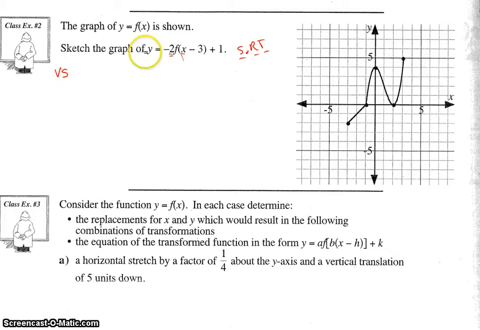It's not over here with the y, so it would work normally, vertical stretch by a factor of 2. Okay, there's no horizontal. There is a negative. Negative is a reflection, so we have a reflection next. Okay, and that's going to be not with the x, so it's not negative x, it's negative y, so over the x-axis. Okay, and then we have some translations.